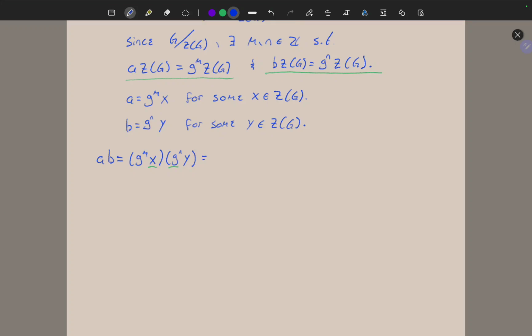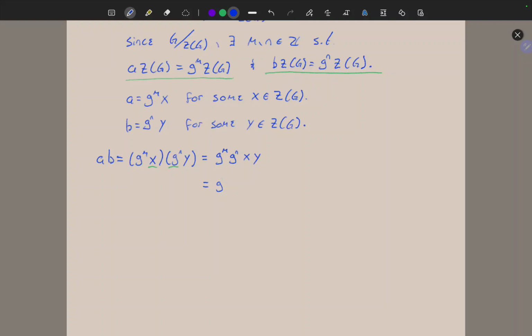And so with that, we can say that this is equal to g to the m, g to the n, x, y. You can commute those two elements. Now here we have integral powers of g, so those are going to commute. But at the same time, x and y are both in the center, so both of those elements are going to commute.